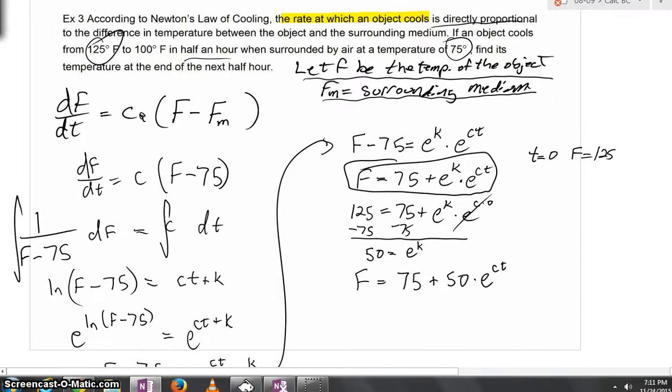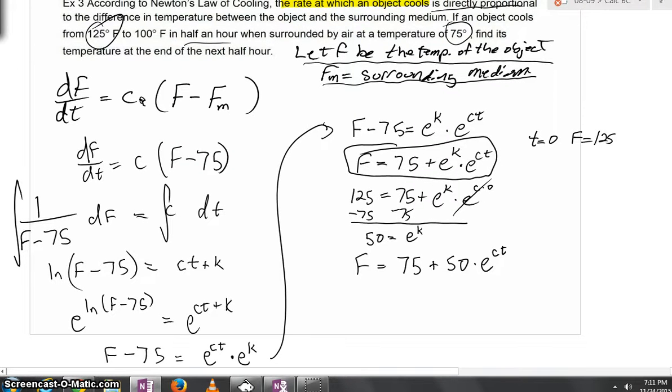Well, at this point, we're a little bit closer. We know that this object is cooled to 100 degrees. Temperature has dropped when t equals half an hour. So I can plug in 100 for my f and then continue to work and see if we can finish this up.